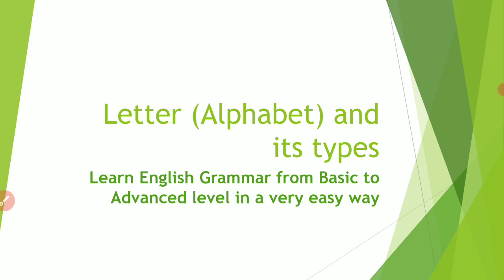The difference is that alphabet is a combination of letters which is arranged in a fixed way from A to Z. So when you write the letters from A to Z in a fixed manner following a sequence, for example A B C D E F G H and so on, that is called alphabet.